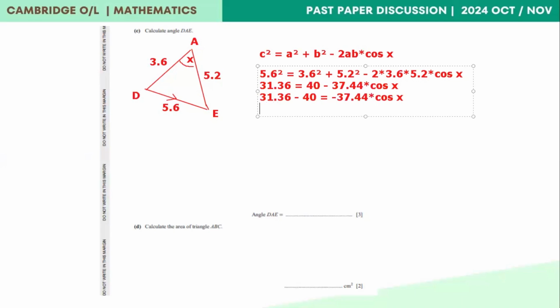Now if we make cos x the subject, 31.36 minus 40 equals minus 37.44 cos x. Further simplifying, 31.36 minus 40 divided by minus 37.44 is equal to cos x.